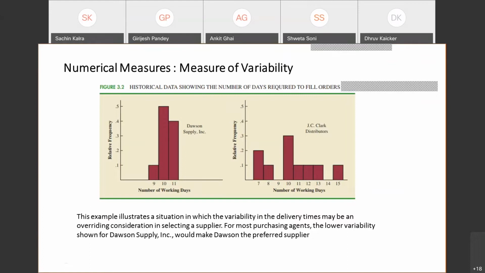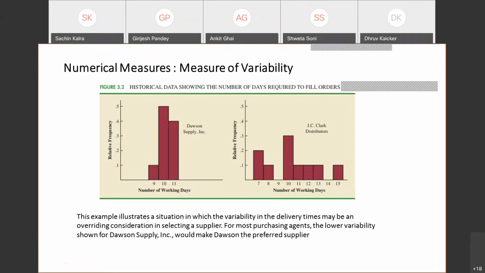If they have the same average number of order fulfilling days, do they? I would say no. Why? Although they are equal on mean, we didn't consider the variation in this.